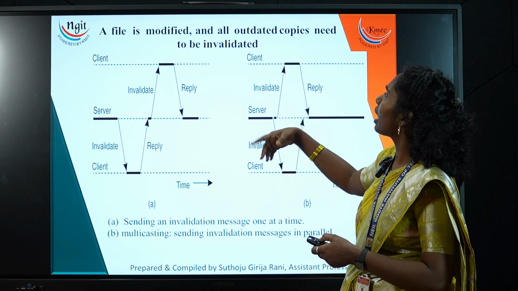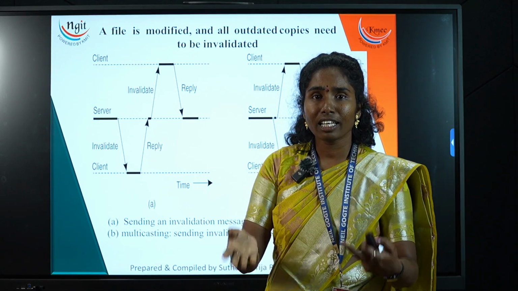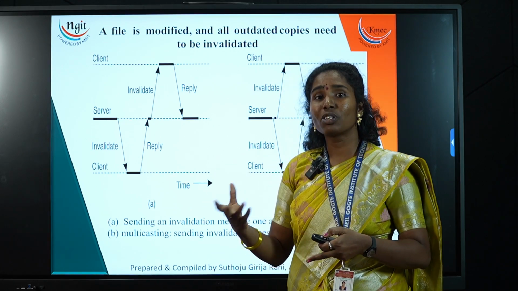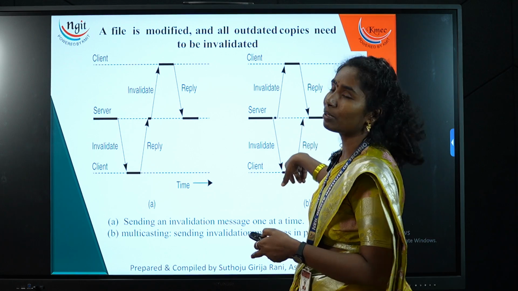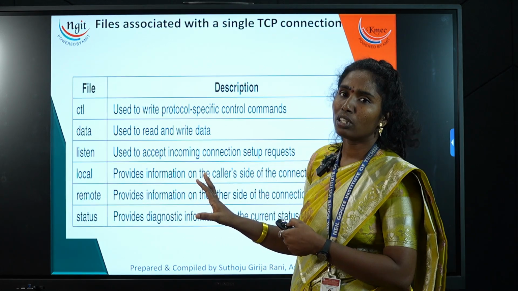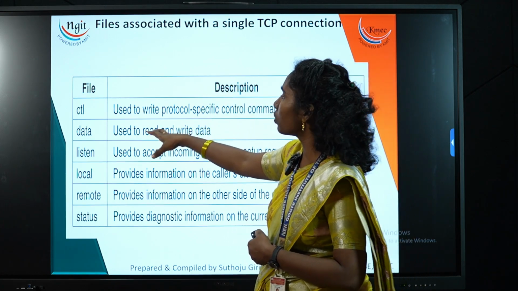When we have outdated copies, or a file which is not there in the file system, and you try to read or write on that file, all these invalid messages will be given. And these are a few file system descriptions we need to know which are going to be operated.